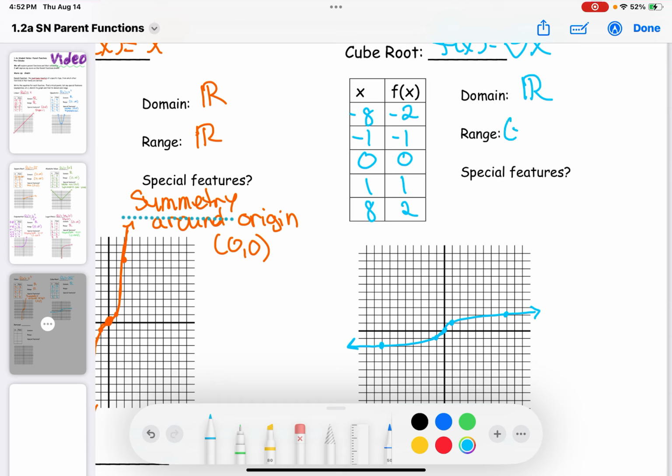It's going to be slow, but it will get there. So its range is also all real numbers. Yes, you could write that as negative infinity to positive infinity. And the shape of this graph is also symmetrical around the origin. If you rotate it around the origin, it is perfectly symmetrical.